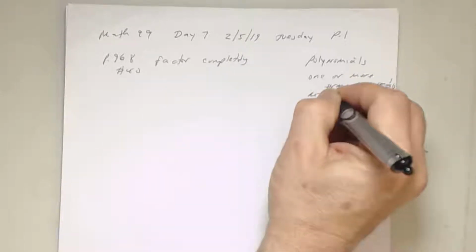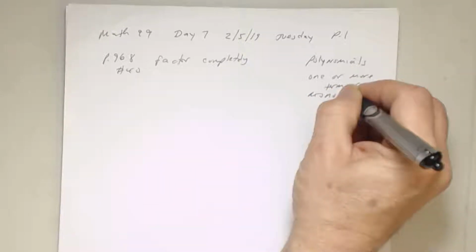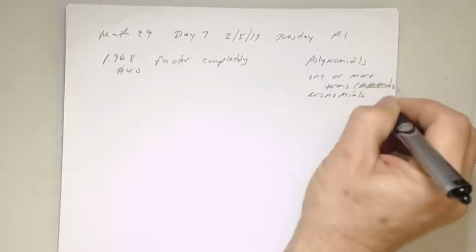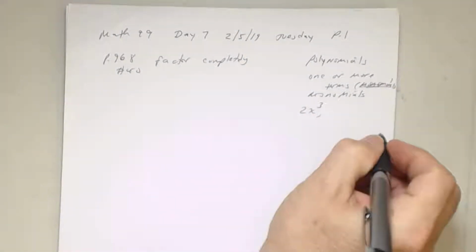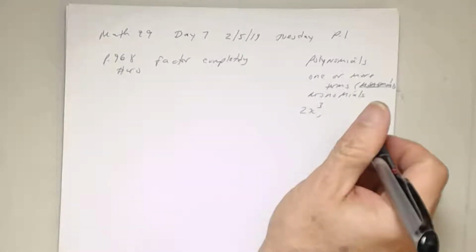And what makes those terms monomials is that the variables are being raised to a whole number. So something like 2x to the third power would be a monomial.